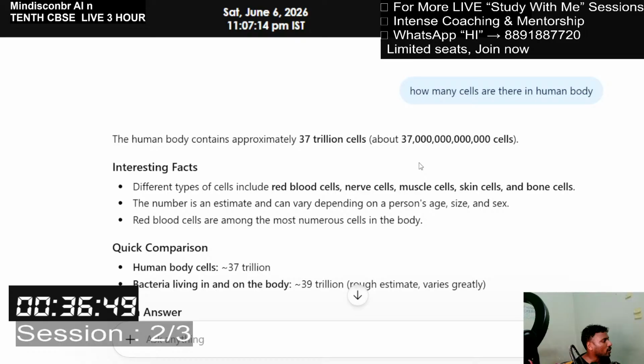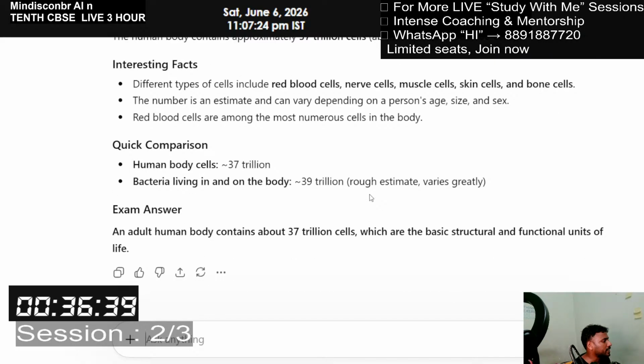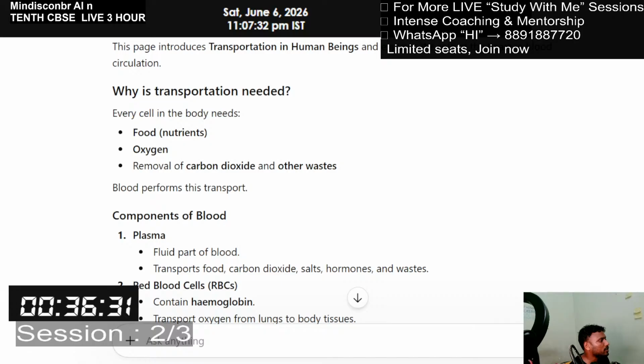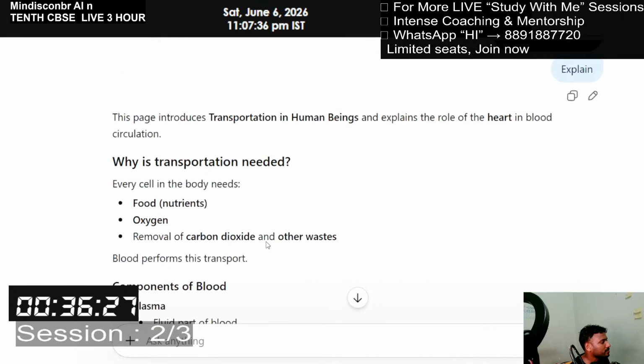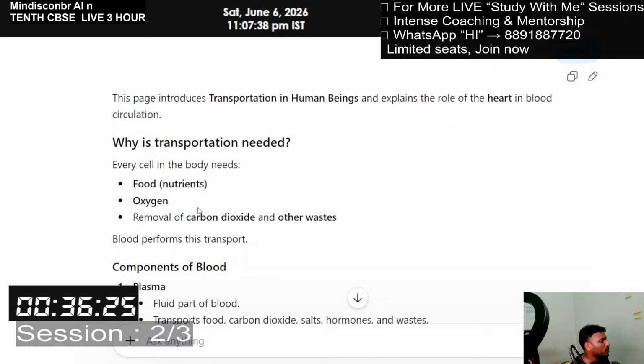My God. Different types of cells include RBC, nerve cells, muscle cells, skin cells, bone cells. So these 37 trillion cells have to get food. Every cell in the body needs food or nutrients, oxygen, and removal of carbon dioxide and other wastes.